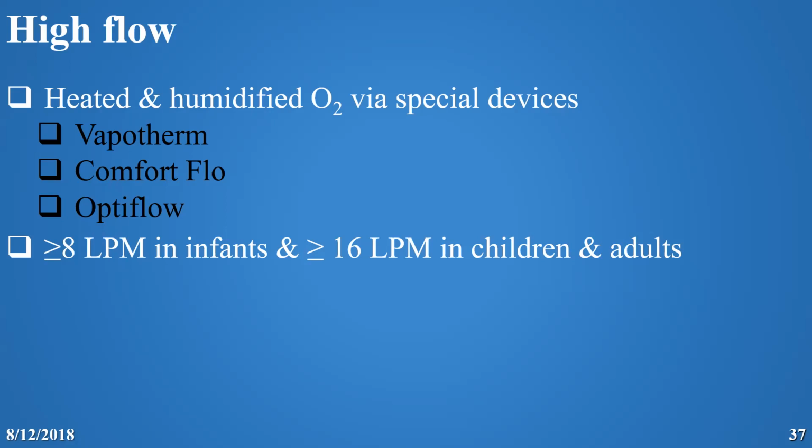Anything above 2 or 4 until 8 in infants and until 16 in children and adults is by CPAP. Above 8 in infants and above 16 until 60 liters per minute is called high flow. Anything above microflow, the flow is not provided by oxygen because it becomes blended by an air-oxygen blender. Clear? Or should I repeat?